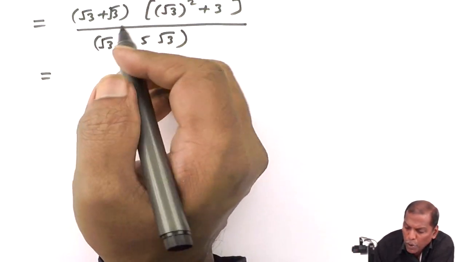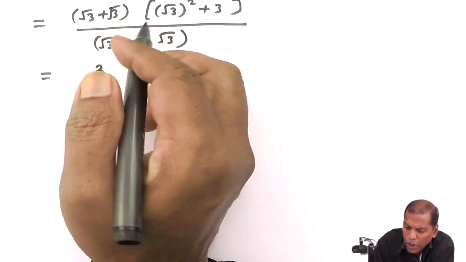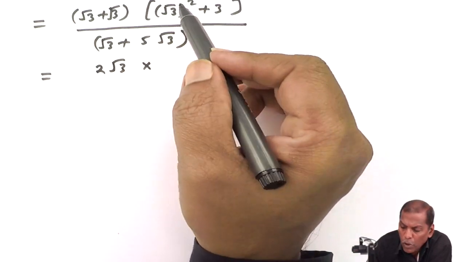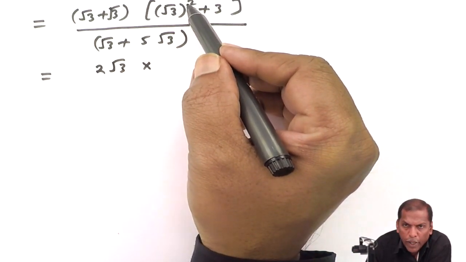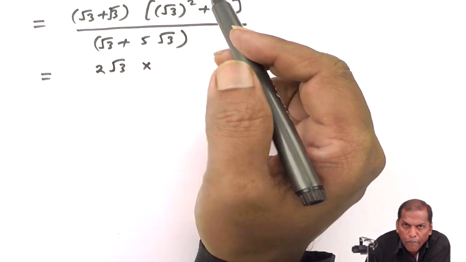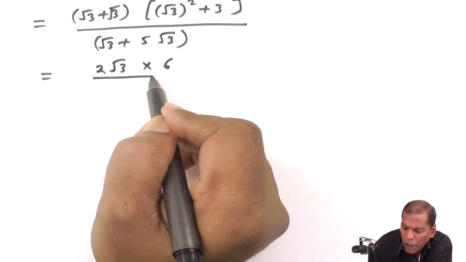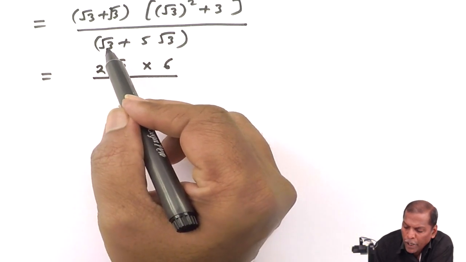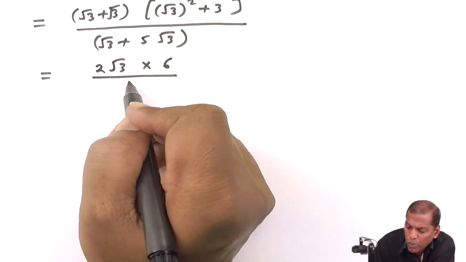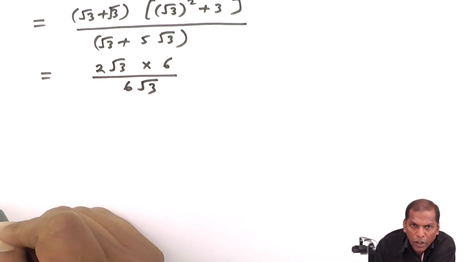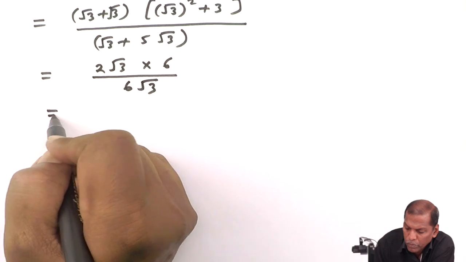Now root 3 plus root 3 gives us 2 root 3 into (root 3 the whole square, that is 3, plus 3), 6 in the numerator, and root 3 plus 5 root 3, so total 6 root 3 in the denominator.